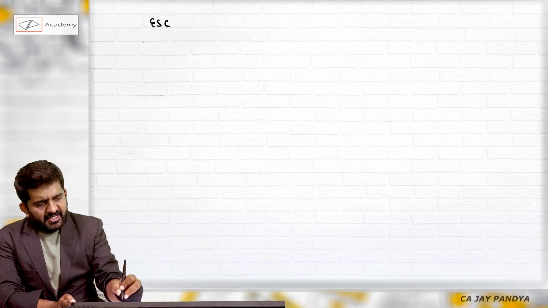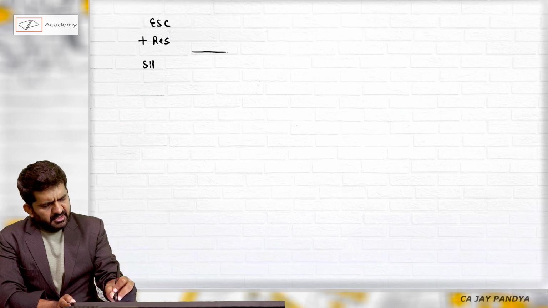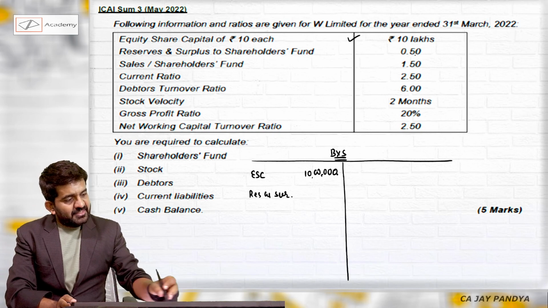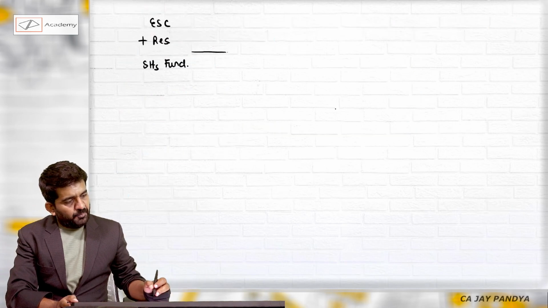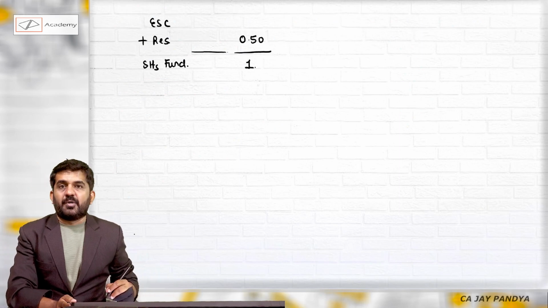See, what does this mean? Equity share capital plus reserves and surplus is nothing but shareholders fund. They say reserves and surplus are 0.50 if shareholders fund is 1.